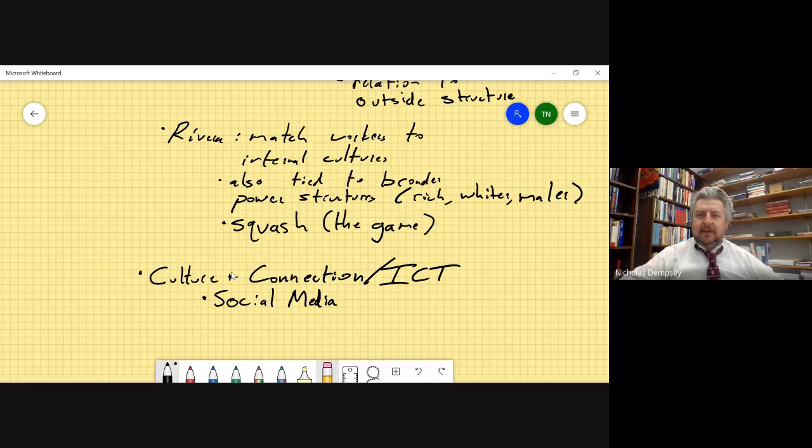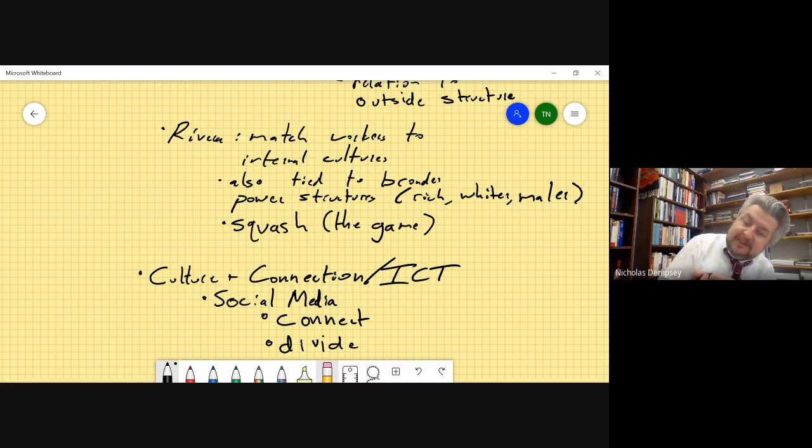But I would say that the biggest emphasis here is on social media, and really on the double-edged sword of its ability to connect some people, but at the same time, divide.